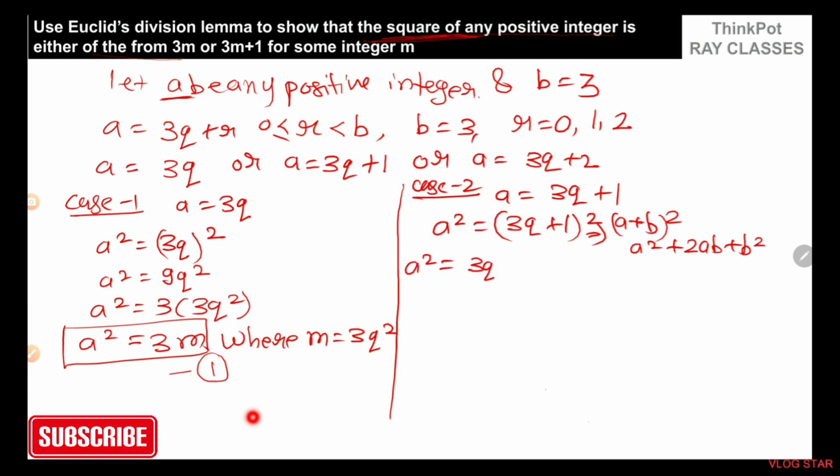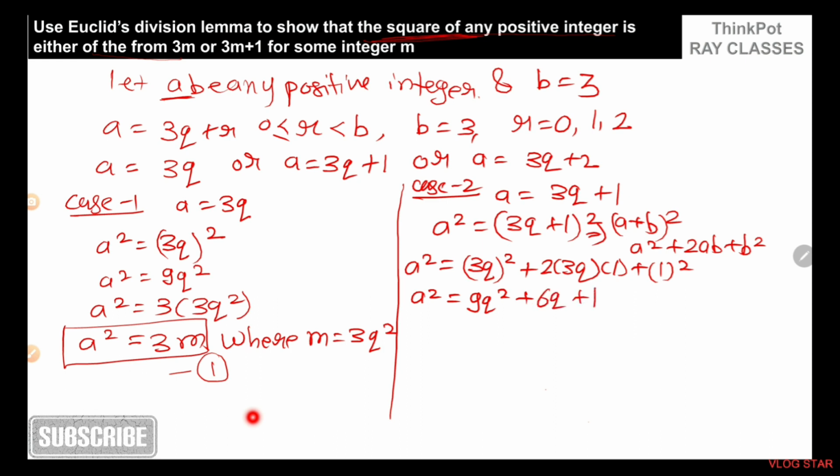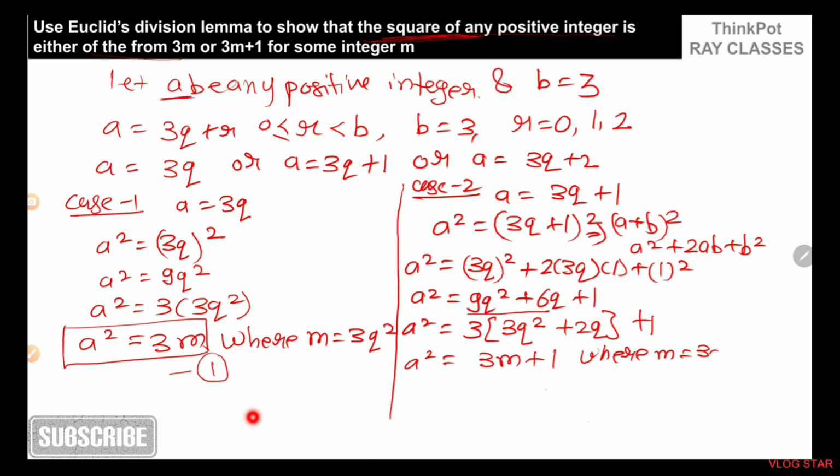So a square is equal to 9q square plus 6q plus 1. And you can see here we can take 3 common from this: 3 into 3q square plus 2q, plus 1. So a square is equal to 3m plus 1, where value of m is equal to 3q square plus 2q. This is your point number 2.